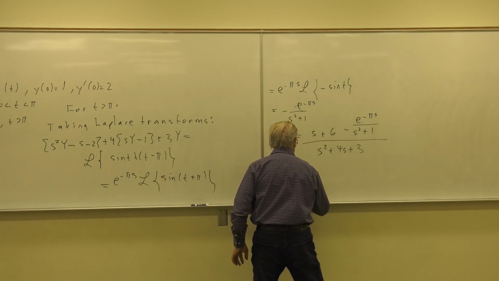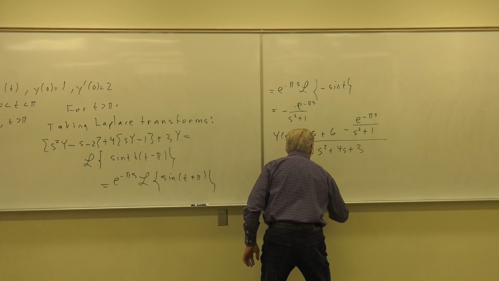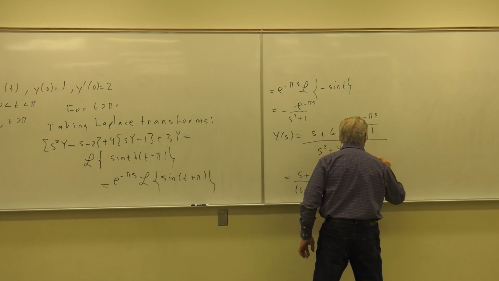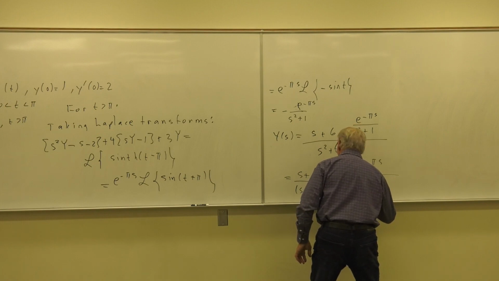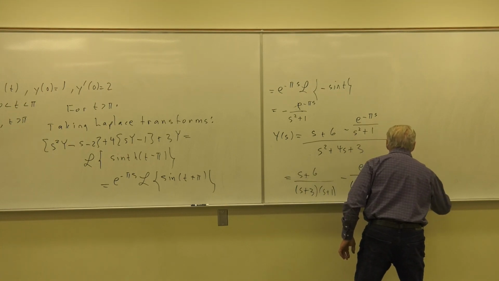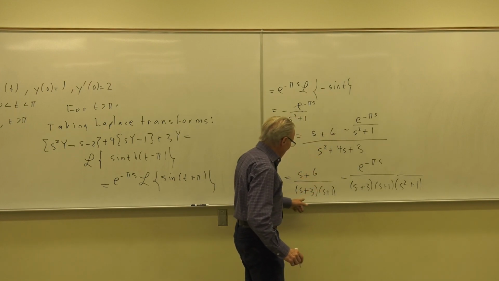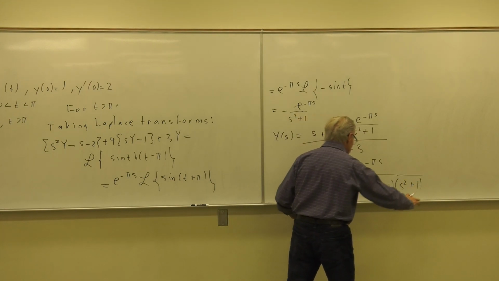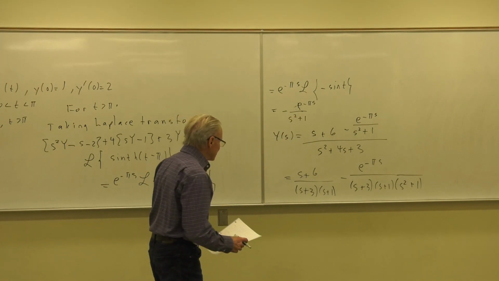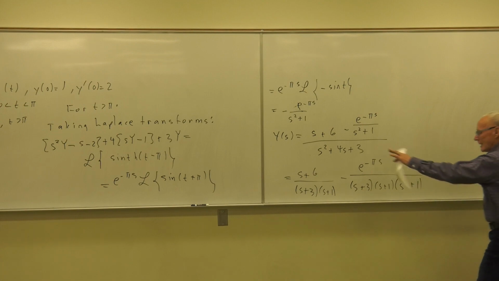So writing then, s plus 6 over factored s plus 3, s plus 1, minus e to the minus pi s over s plus 3, s plus 1, s squared plus 1. So we'll partial fraction this, we'll partial fraction that, and we should be ready. And I hope I've got that written down. But it appears that I do. All right. So let's have that over here.